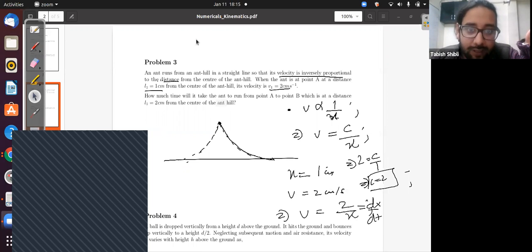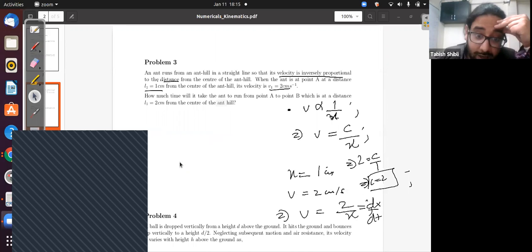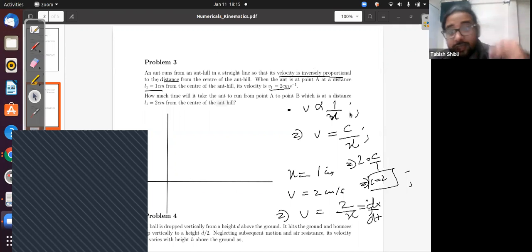But another smart thing that one can do is actually look at what the graph looks like. So let's see what the graph actually looks like. But the graph between what? Well, velocity and distance. Yes, we can plot a graph between the velocity and the distance x here.